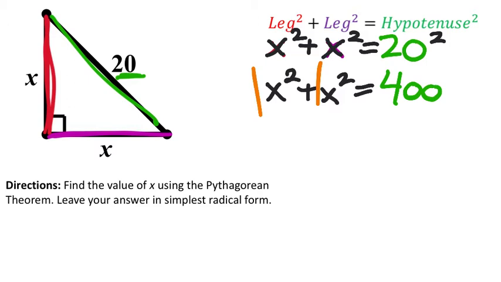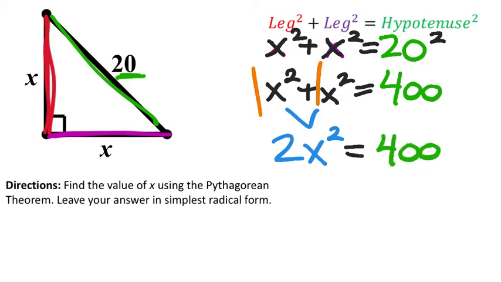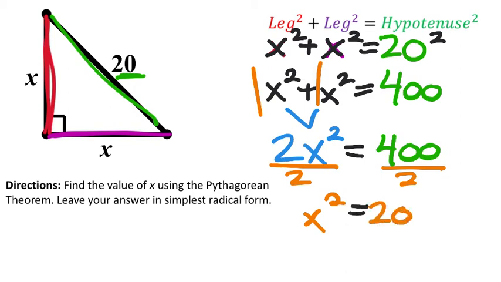Both of these are coefficients. That's kind of a word we haven't used in a while. But if I combine these, how many x to the powers of 2's would I have? I'd have 2 of them. So this equals now 400. Okay, so in solving this now, I'd say, well, let's divide both sides by 2 to make it just x to the power of 2, which equals 400 divided by 2 is 200.